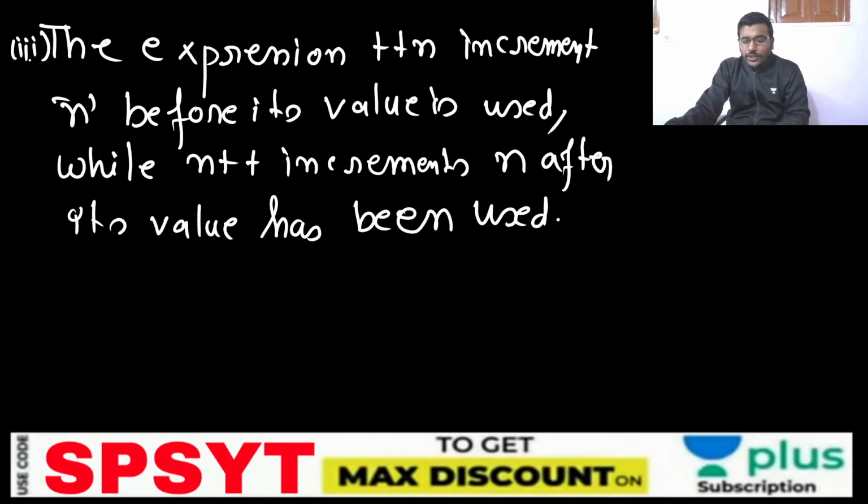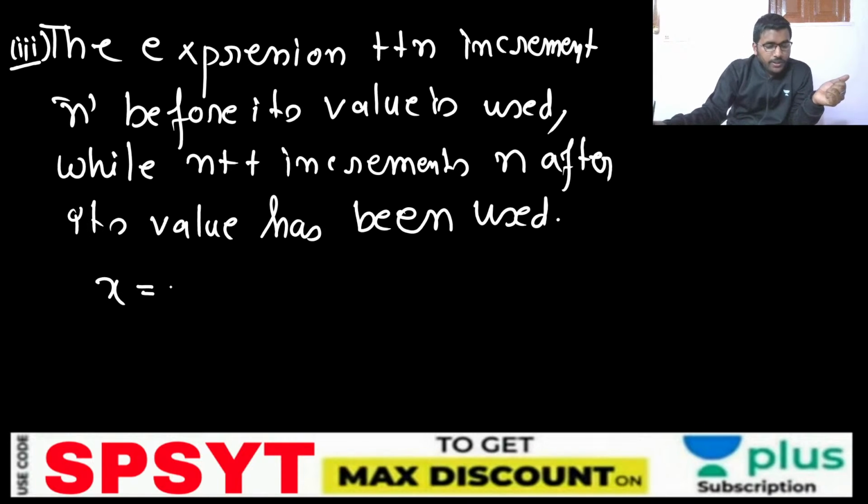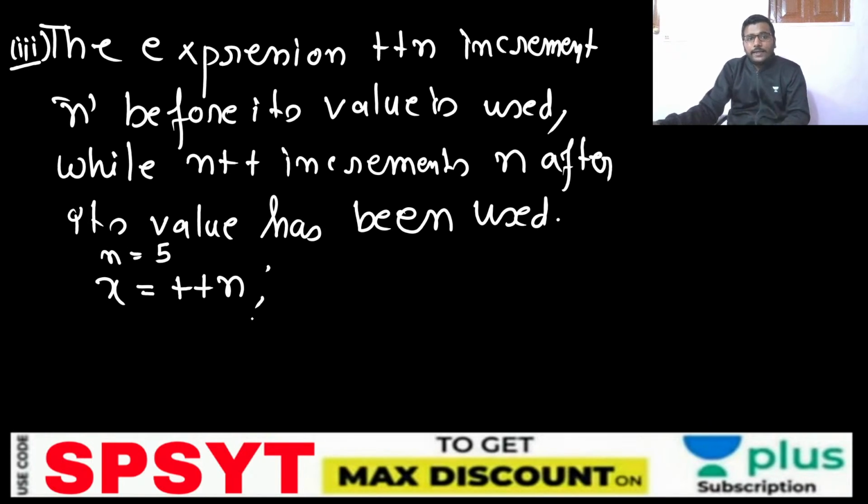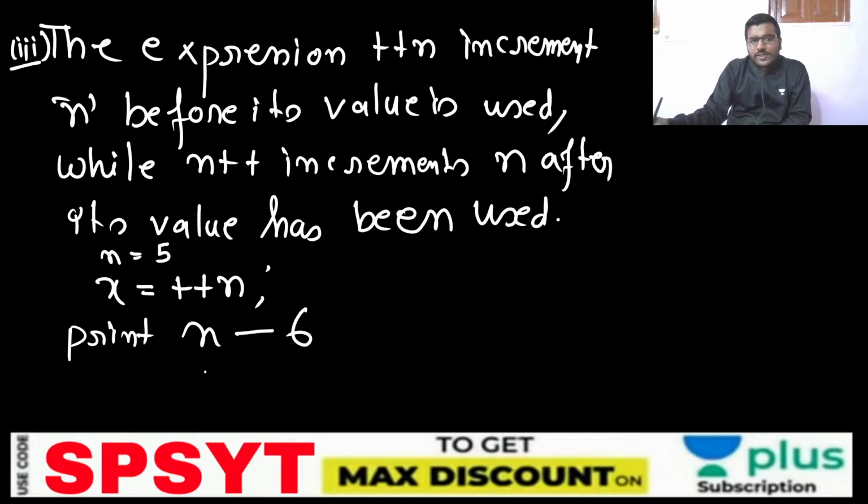With an example I will make it more clear. The expression ++n increments n before its value is used, so before using it, it will increment it. For example, if I take x = ++n, and assume n is equal to 5, then if you print n it is going to be 6, and x is also going to be 6. Because ++n increments n before its value is used, it will first increment it: 5 becomes 6, and then it will assign.